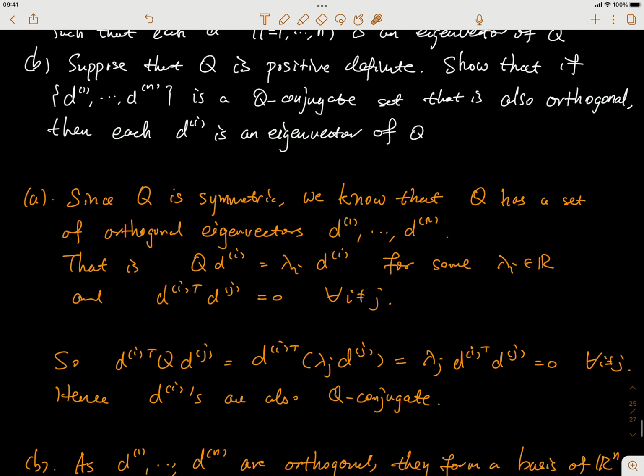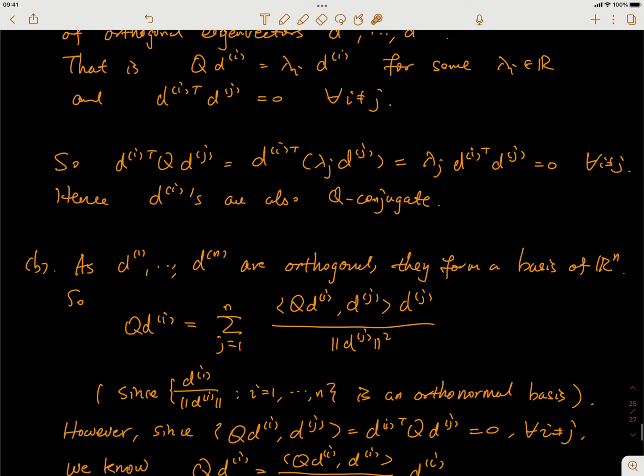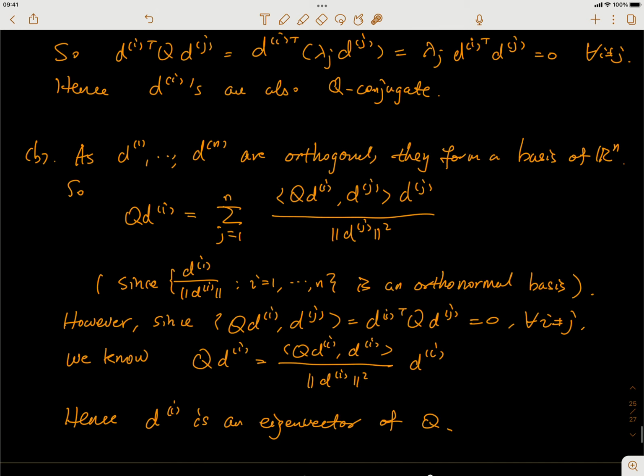Part B. If d1 through dn are orthogonal, then we can normalize them and make them a standard basis for Rn. Or if you don't want to normalize them, that's fine.